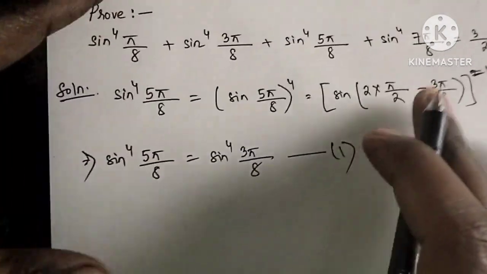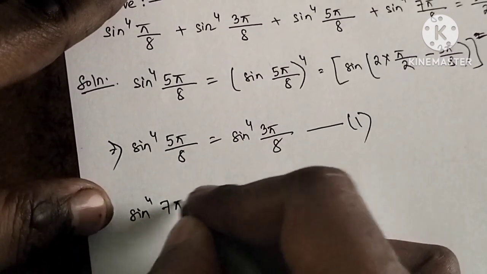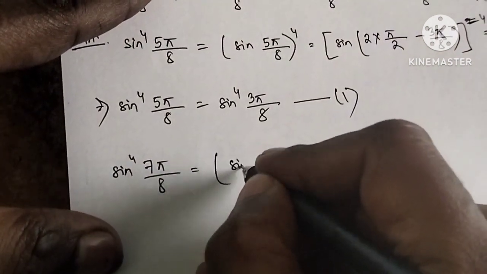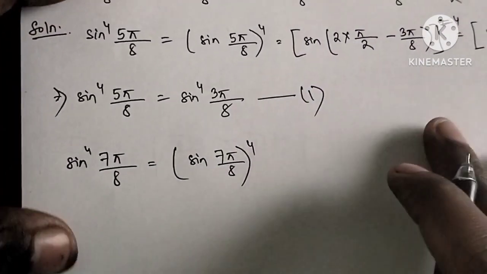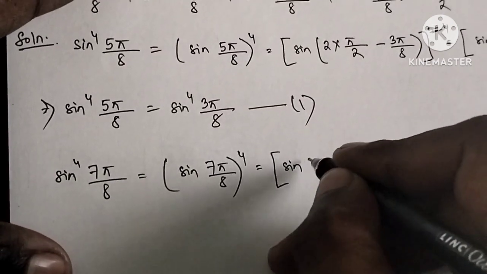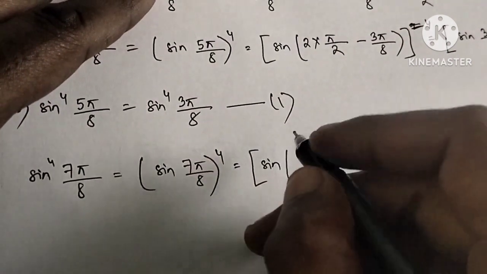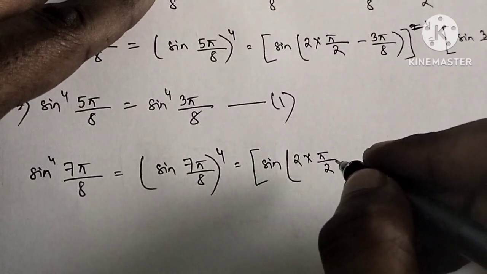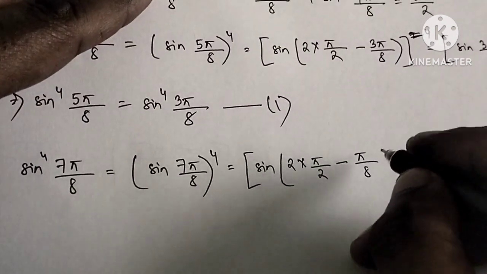Now see sine to the power 4 7 pi by 8. This can be written in this way, sine 7 pi by 8 to the power 4. Now this can be written as sine 2 into pi by 2 minus pi by 8.